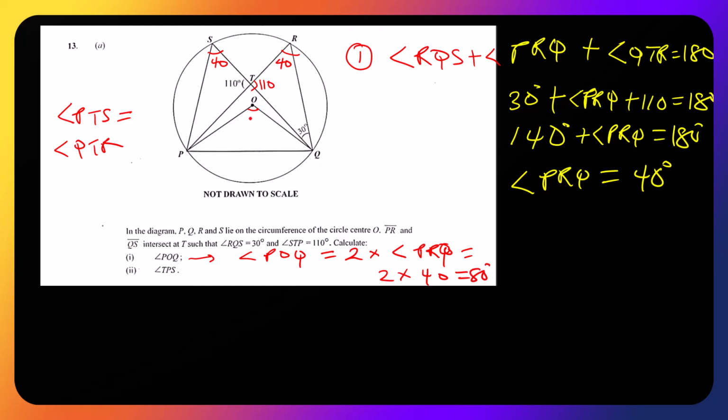So this side is 80. So the answer to part I is 80 degrees.